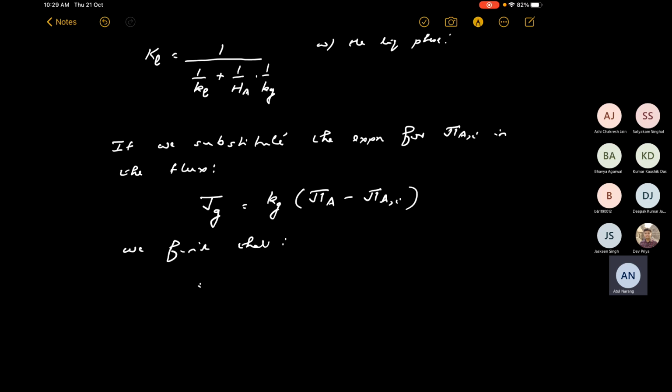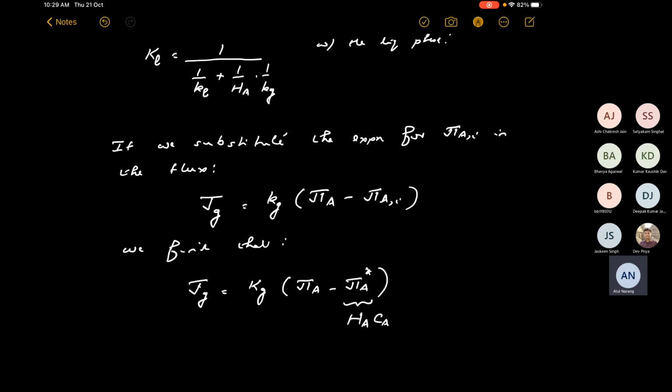You will find that Jg equals Kg multiplied by pA minus pA star, the analog, where pA star is again a hypothetical concentration, equal to HA times CA.